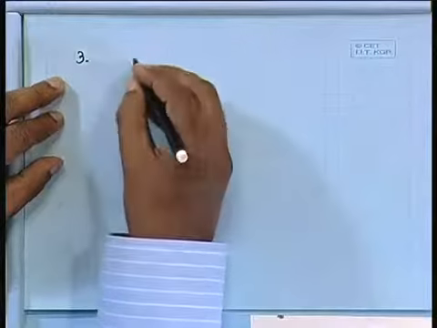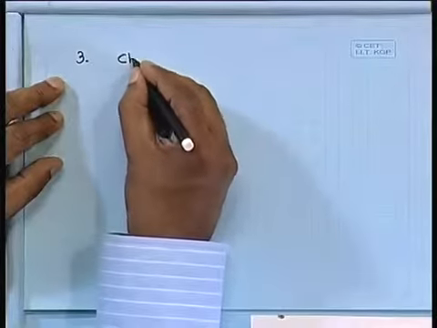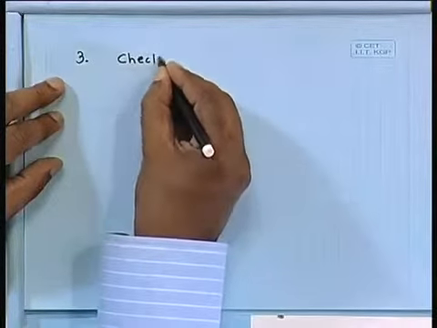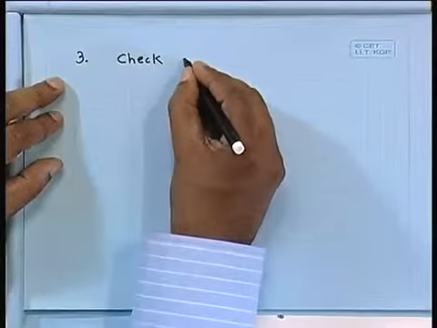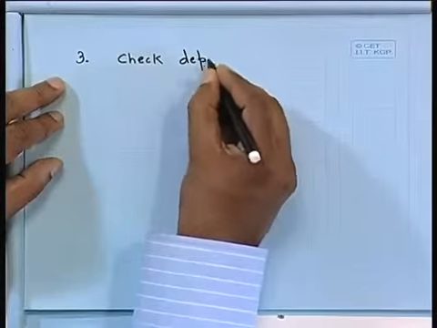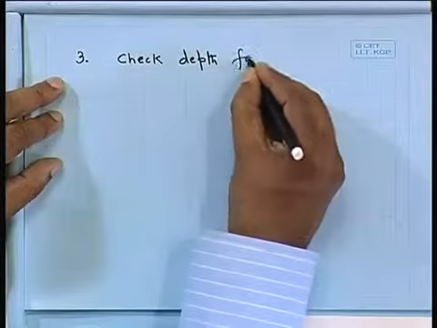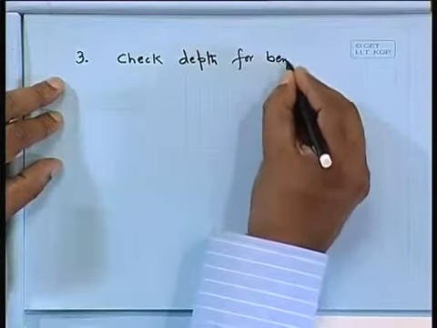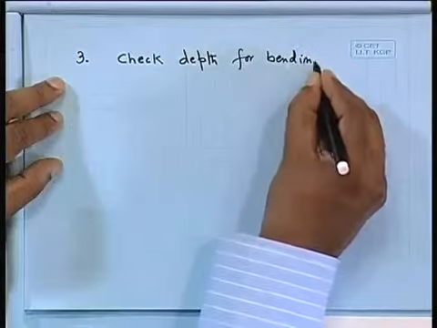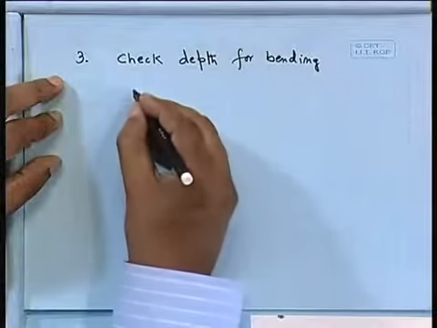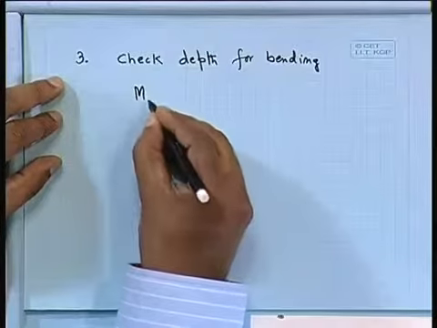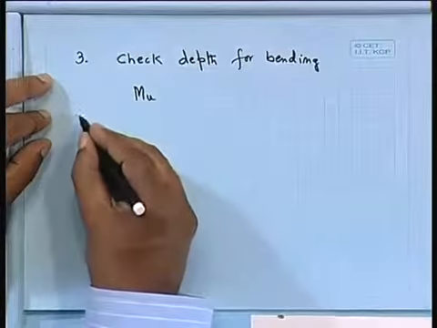So, let us start the check. Number 3, check depth for bending. We are considering bending first. We shall use the same formula of a rectangular beam.